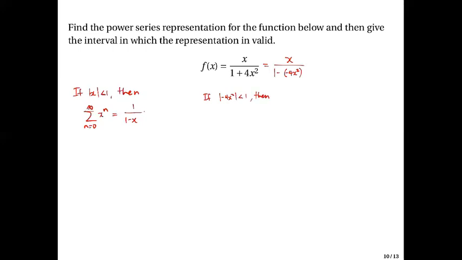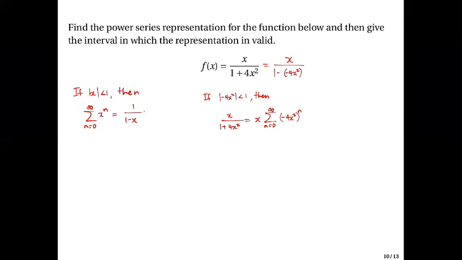then x over 1 plus 4x squared is equal to x times the series n from 0 to plus infinity of negative 4x squared raised to n.